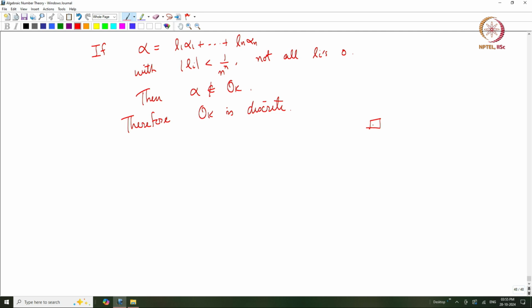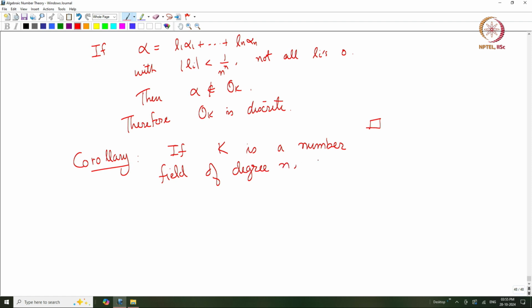So, it took quite a while, but this is an important proposition. As a corollary, we get the following: if K is a number field of degree n, then OK is a free Z module of rank n.